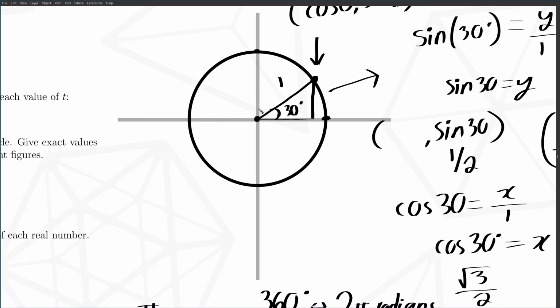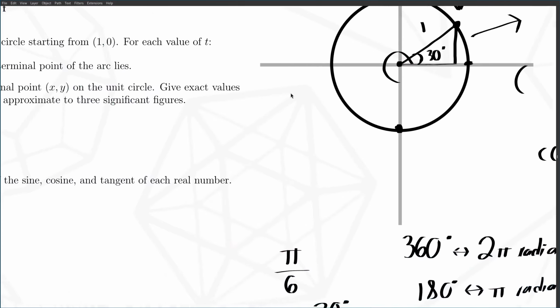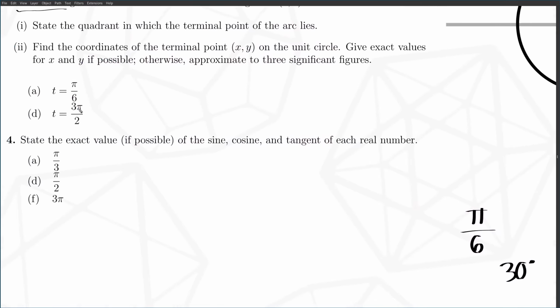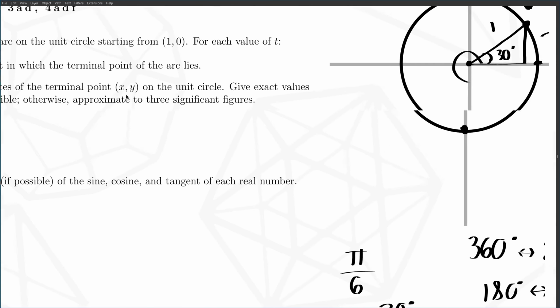So we have to keep turning 90, 180, until finally we get here. This is a 270-degree rotation. How do I know that? Because 3 pi over 2 is going to be pi plus pi over 2, so 180 plus 90 degrees.